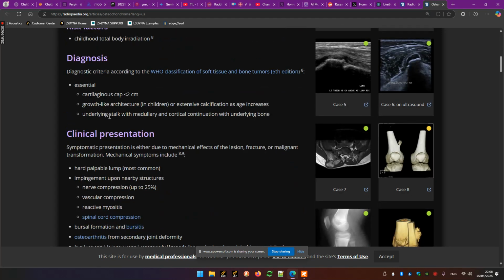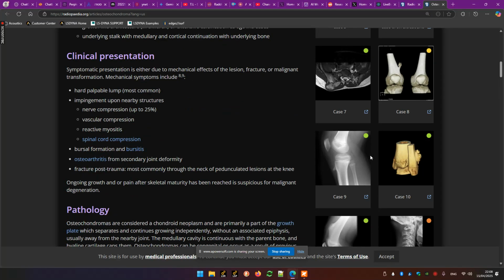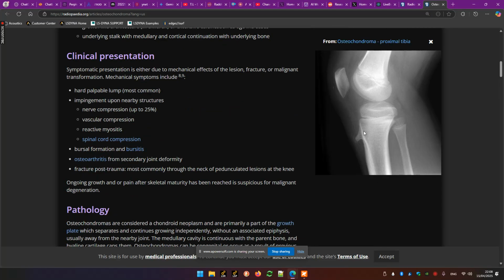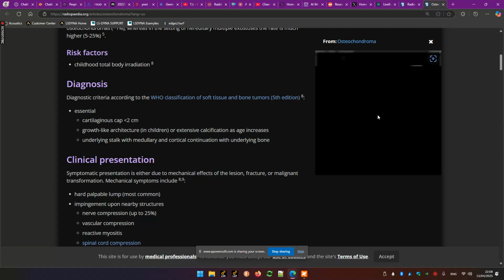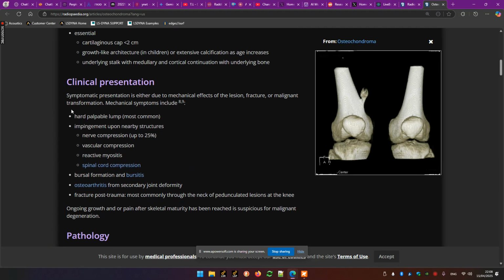Diagnosis is based on a cartilage cap, growth-like architecture, or extensive calcification as age increases, with an underlying stalk with medullary and cortical continuation with the underlying bone. As you can see, it's like a stalk. This is what we had. There is a stalk right over here.